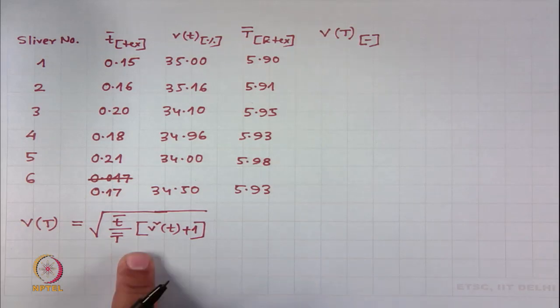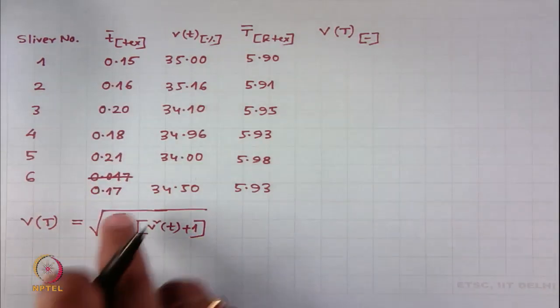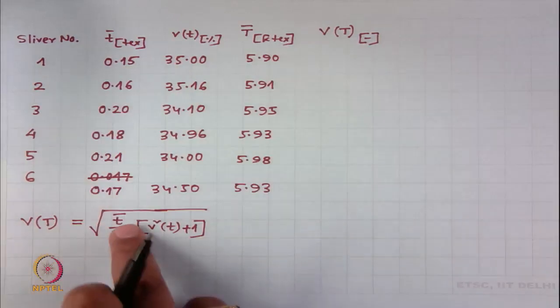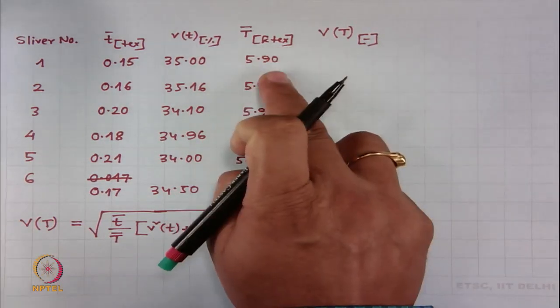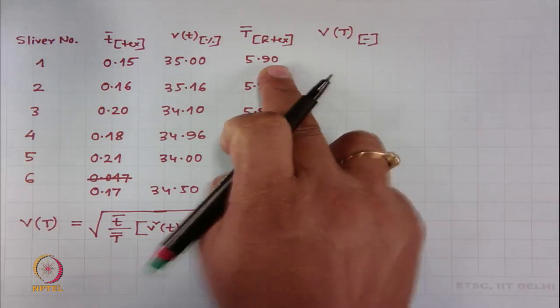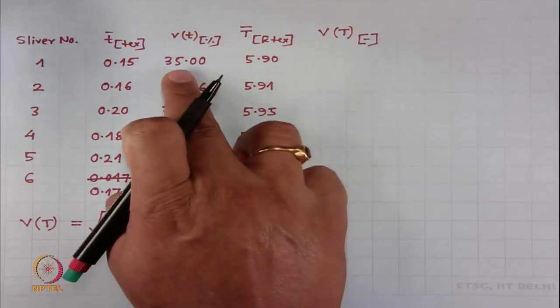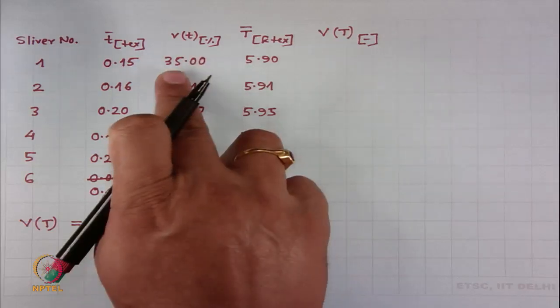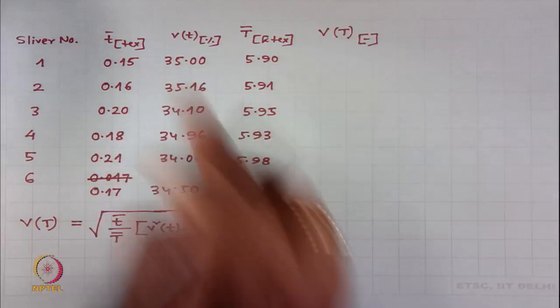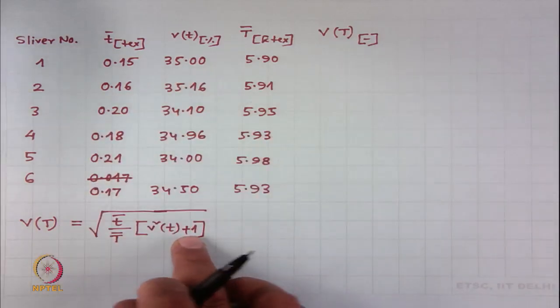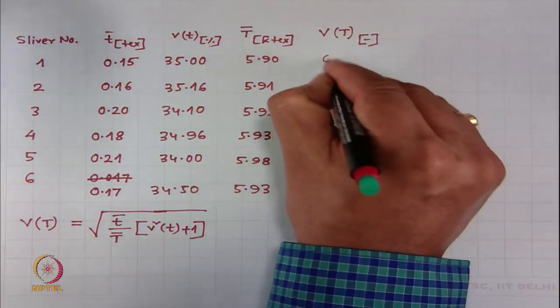So, using this formula, T bar is given 0.15, capital T bar is given 5.9 kilotex, you have to convert it into tex, that is multiplied by 1000, and V t is given in percentage. So, dimension is it will be 0.35 square plus 1.